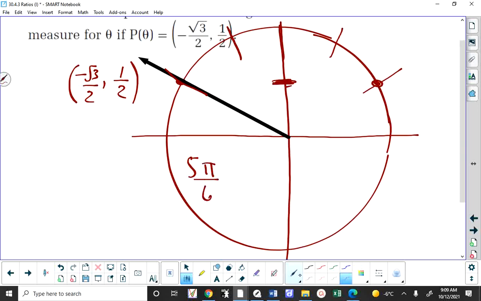I could continue in this fashion and say 6 pi over 6, 7, 8, 9 pi over 6, 10, 11, 12 pi over 6, 13, 14, 15, 16. I could say 17 pi over 6. These are coterminal angles. How many of you are able to come up with 17 pi over 6 from 5 pi over 6 without doing that counting thing all the way around?